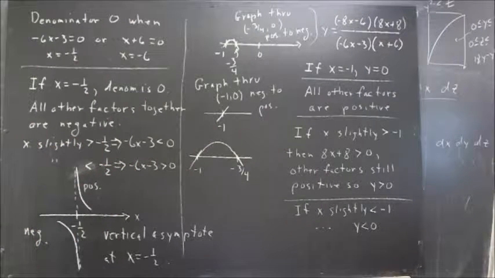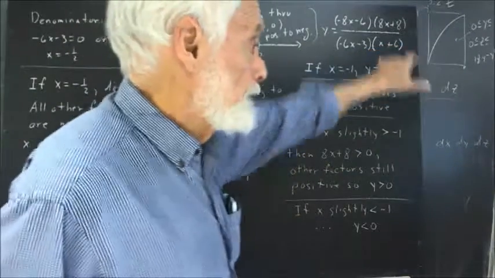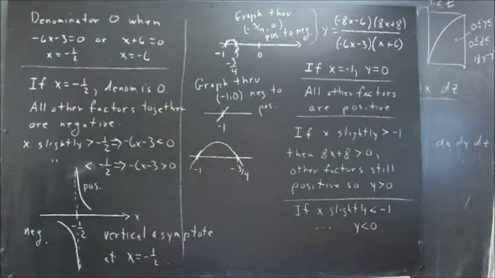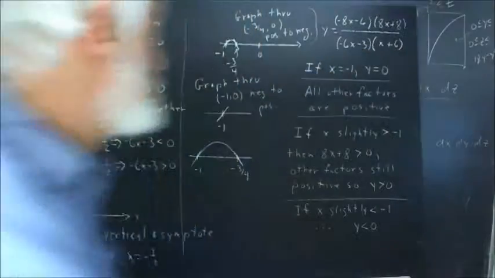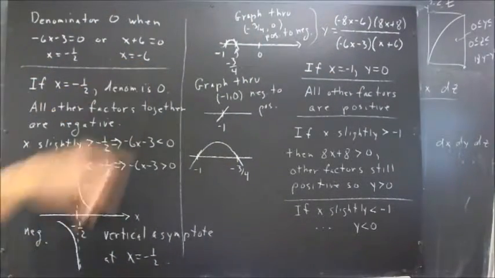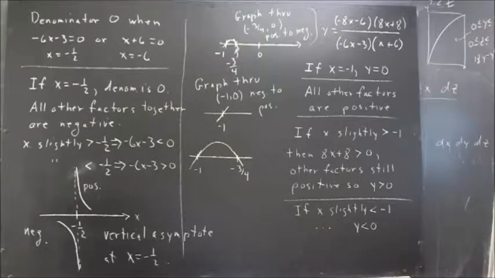Now let's think about what happens for x plus 6. That means we're going to have an asymptote at x equals negative 6. We have a 0 in the denominator at x equals negative 6.